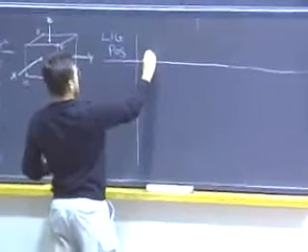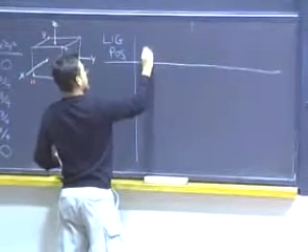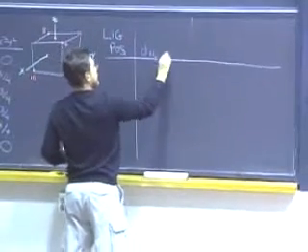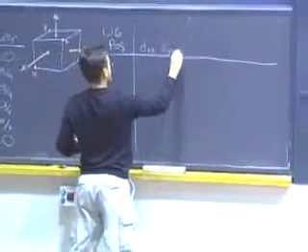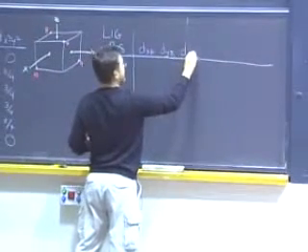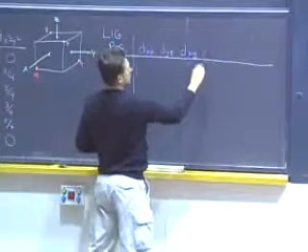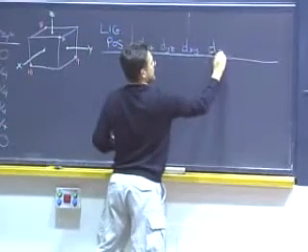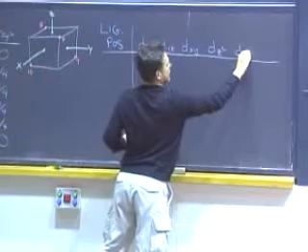And I'll start here with dxz, dyz, and dxy, and over here dz squared and dx squared minus y squared.